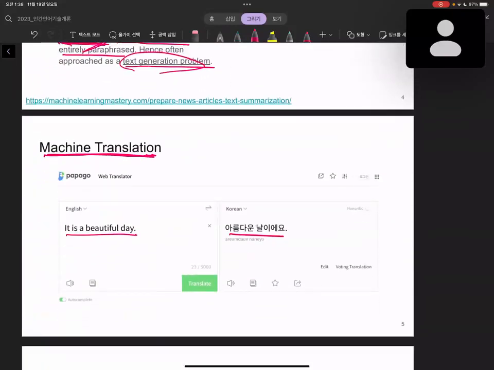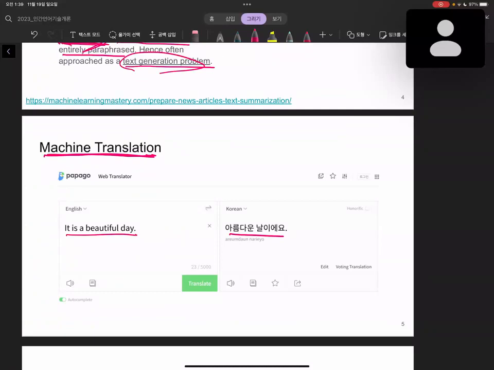And this machine translation task is a very important task in natural language processing. Now we think that machine translation is almost solved.